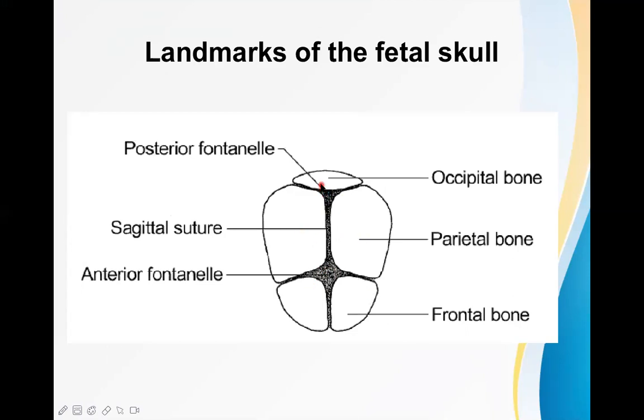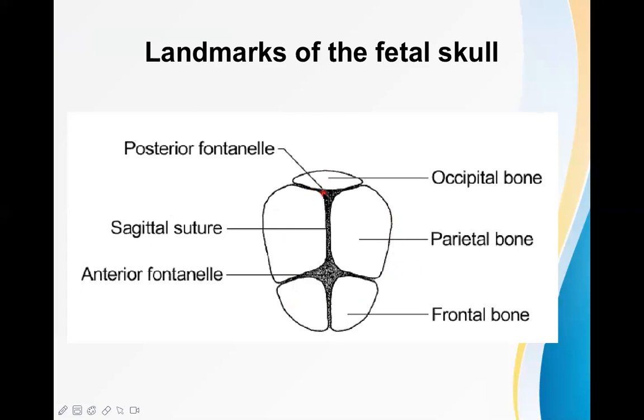Here is the occipital bone, and the temporal bone is a bit below, so we cannot see it from this angle or this view. But temporal bones are also there on the fetal skull. They are inferior to the parietal bone. So frontal bone, parietal bone, occipital bone, and the temporal bone, which is not seen here.